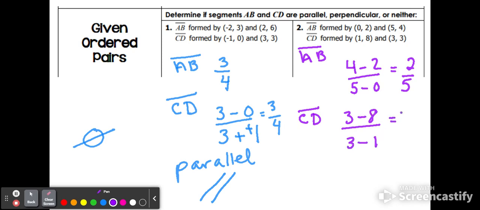Be careful, this will be a negative 5, and this will be a positive 2. And so 2/5, and then we make it a reciprocal, 5/2, positive to negative. This is perpendicular. And that symbol looks like so, like an upside down T. They are opposite reciprocals.